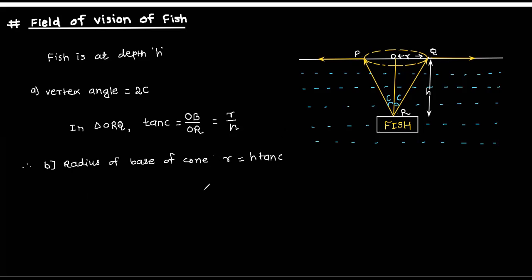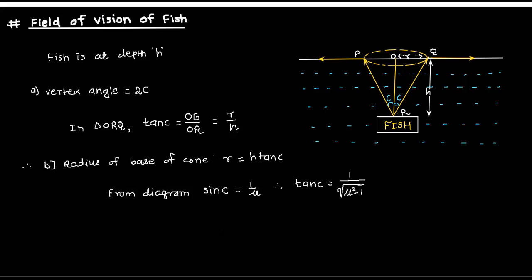First sin C, if we take from the diagram, sin C is equal to 1 by mu, and therefore tan C is equal to 1 by under root of mu square minus 1.